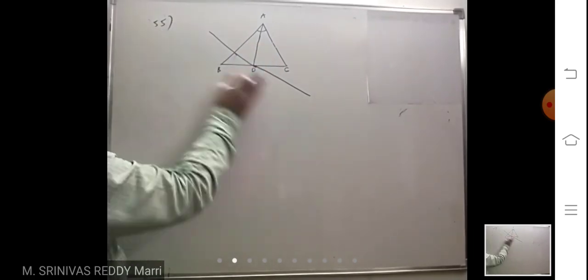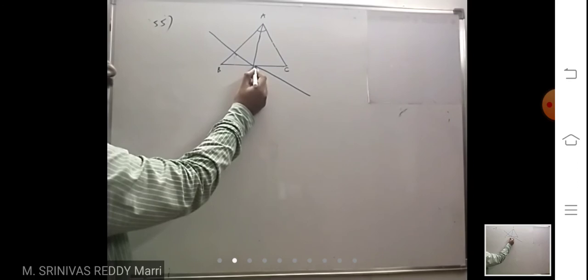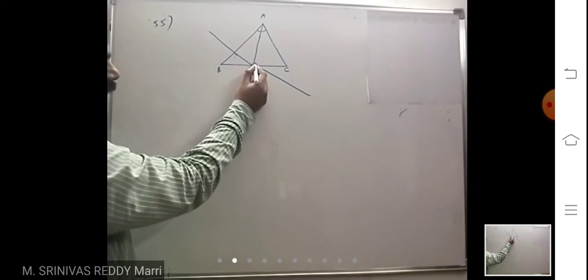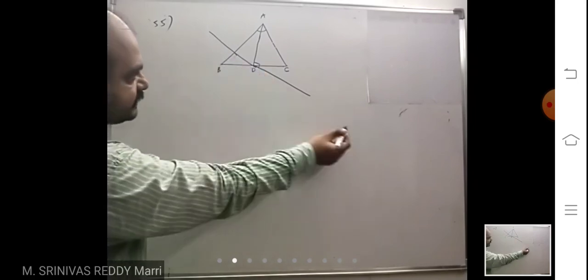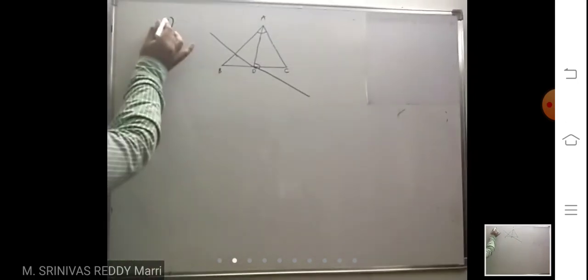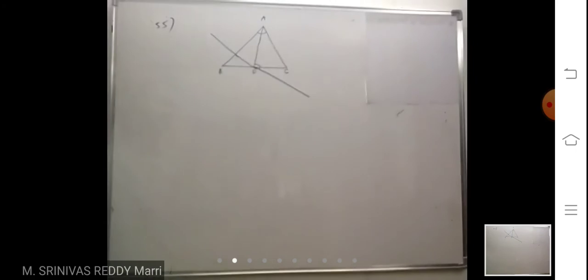This is the line passing through D and perpendicular to AD, so this angle is 90 degrees. One line I have drawn.